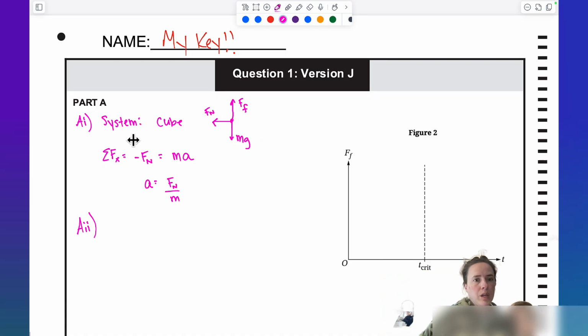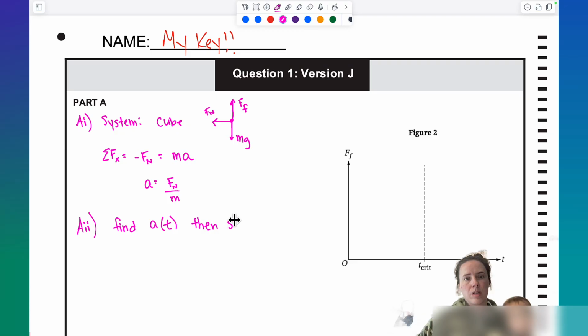So we want to figure out what the acceleration is, because these guys are accelerating together. And then we're going to shove that into this expression up here to solve for our normal force. So we're going to find the acceleration as a function of time as a result of that resistive force on the box, then stick it into our answer from part A-I.